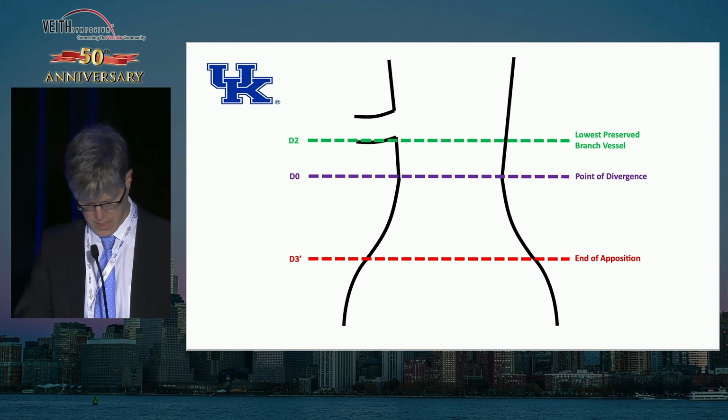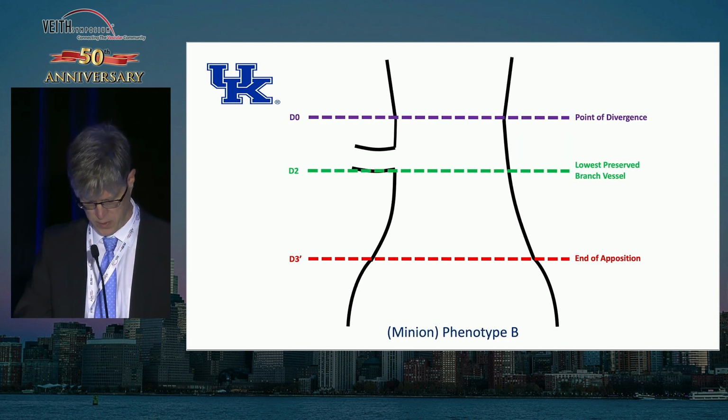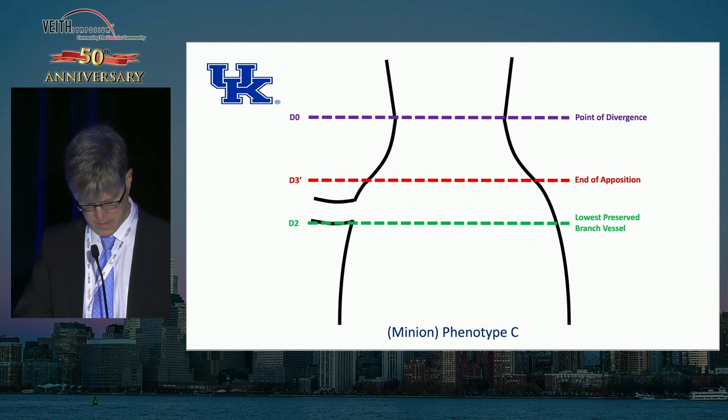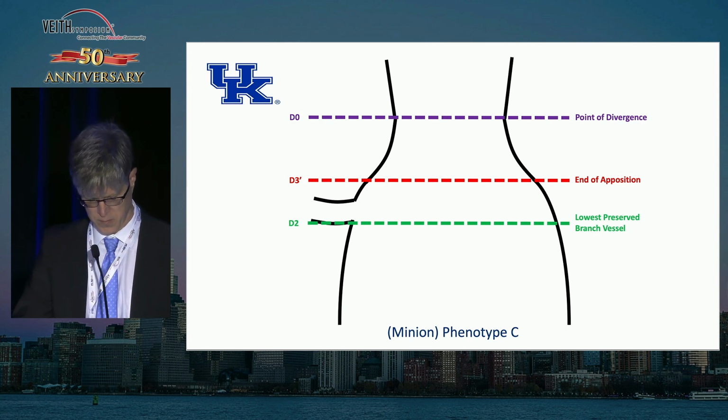And the most favorable anatomy is when the point of divergence is distal to the lowest preserved branch vessel, which I call phenotype A. Phenotype B is when the point of divergence is proximal to the lowest preserved branch vessel, but there's still potential apposition distal to the lowest preserved branch vessel. And phenotype C is when both the point of divergence and end of apposition are proximal to the lowest preserved branch vessel.